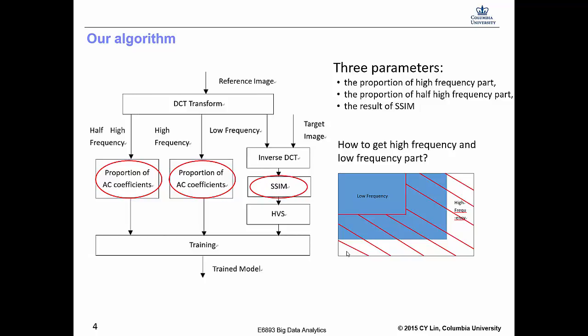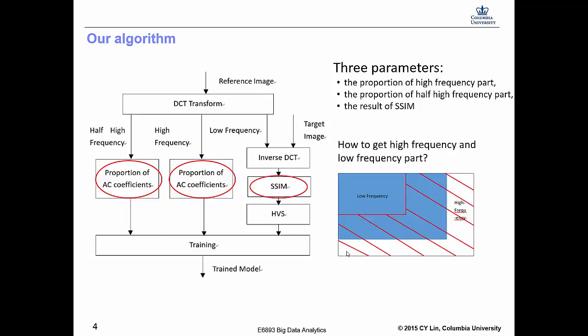The third parameter we used is the half high-frequency part of the reference image compared to the rest part of the reference image, relative to an imaginary target image with half the height and width of the reference image. The calculation process is similar to the proportion of the high-frequency part and is only related to the content of the image.